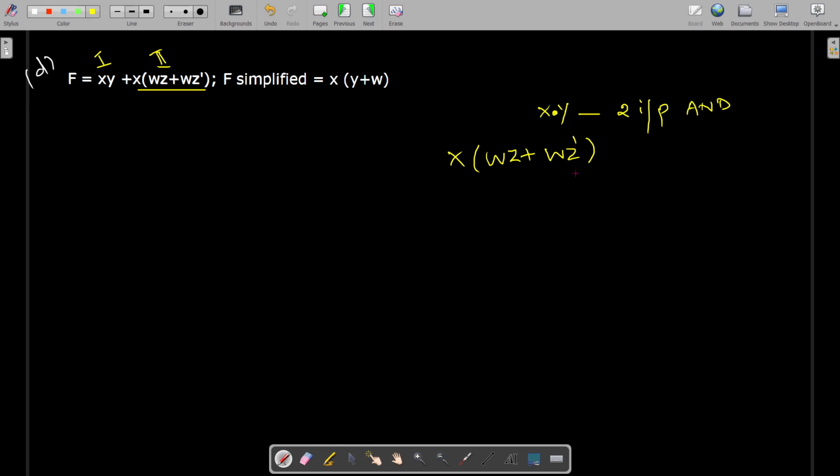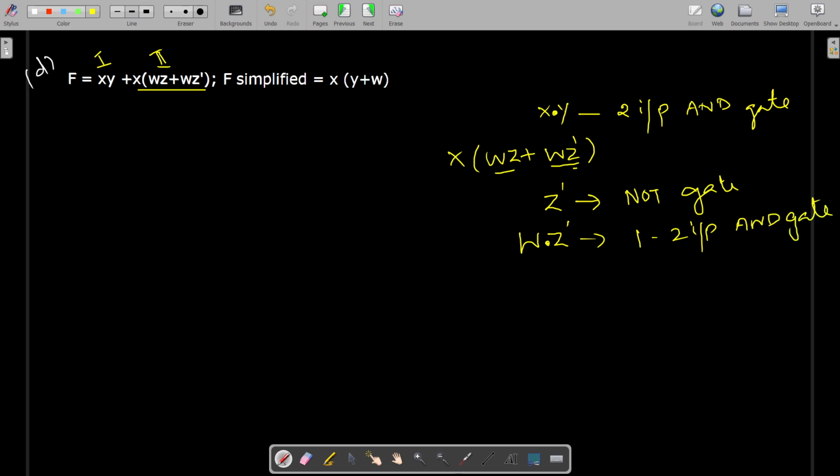Here z dash is there, so in order to get z dash we need an inverter or a NOT gate, and for wz dash, with the dot in between, one two input AND gate is required.